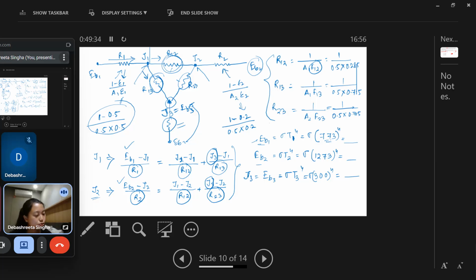Now, if you solve all this, we have two variables, J1 and J2, and we have two equations. From the two equations, you can get J1 and J2. So J1, you get around 33.469, and J2, you get around, this is kilowatt per meter square.